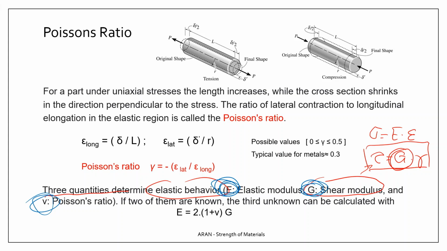And we know that if you know two of them, the third unknown can be calculated with this relationship. For example, if you know the elastic modulus and the Poisson's ratio, you can determine the shear modulus, or for other combinations, if two are known, you can determine the third one.